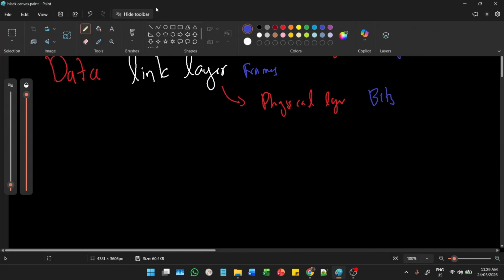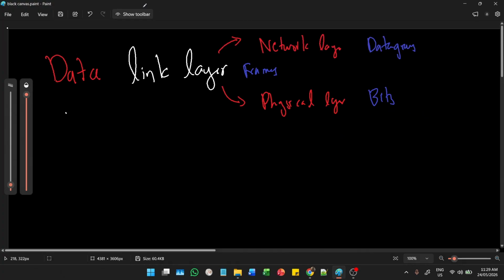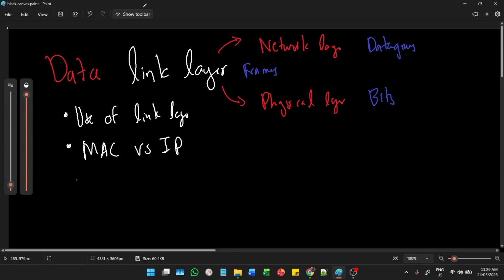In this part, we're going to talk about the purpose of the link layer. Then we will talk about MAC address versus IP address. Then we're going to learn about link layer protocols, and then we're going to learn about MAC addressing.